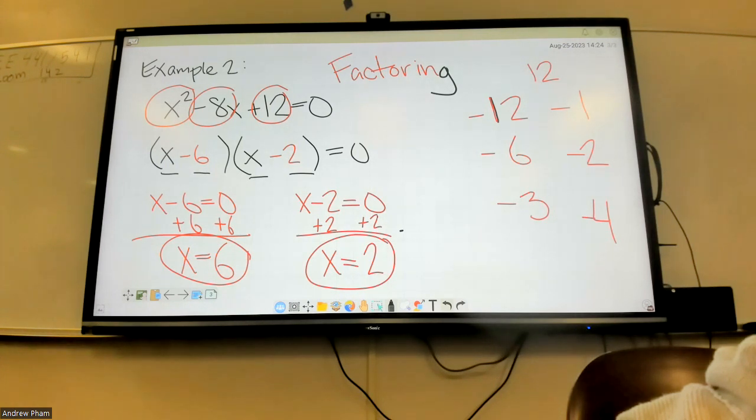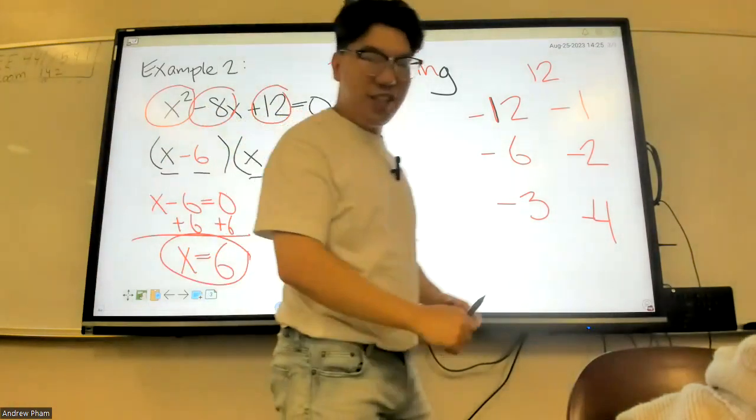So for examples like this where it might be a little bit more obvious, factoring is good, but for the more complicated examples, maybe we might want to use a different method.